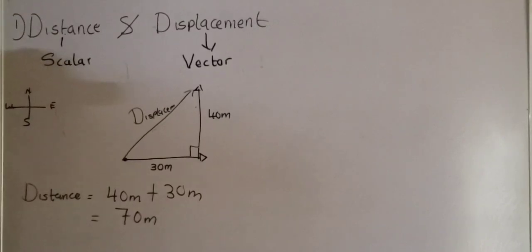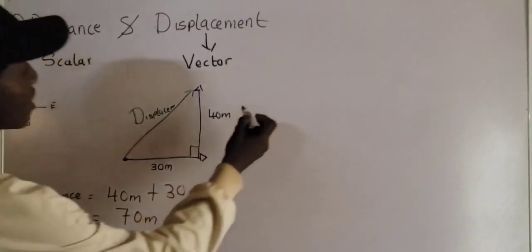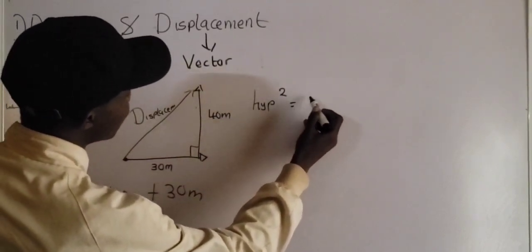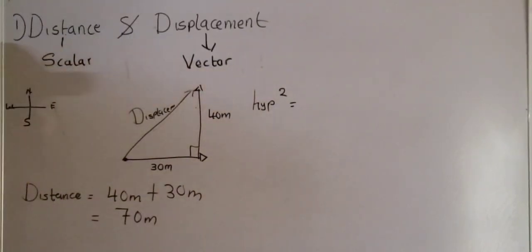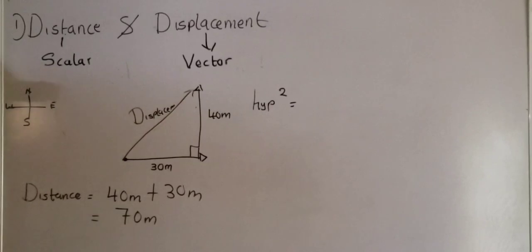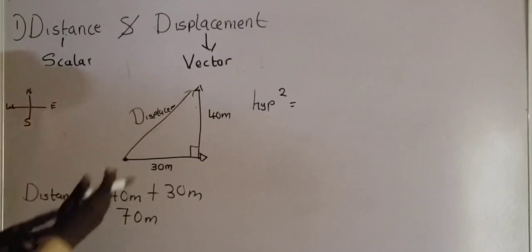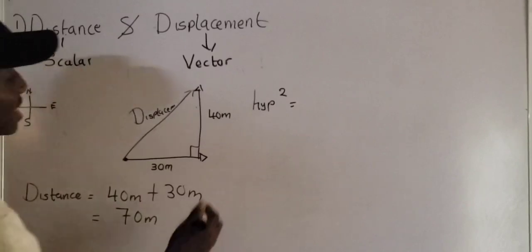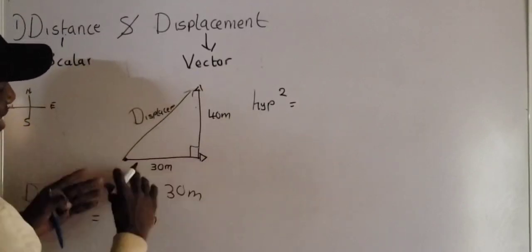The Pythagoras theorem states that the square of the longest side, which is the hypotenuse, is equals to the sum of the square of the other two sides. I get what I'm saying? The longest side is the displacement of the boy. Are you getting it? So this is first side and this is another side.